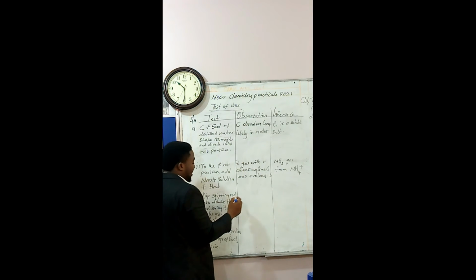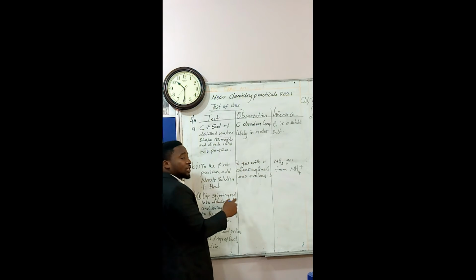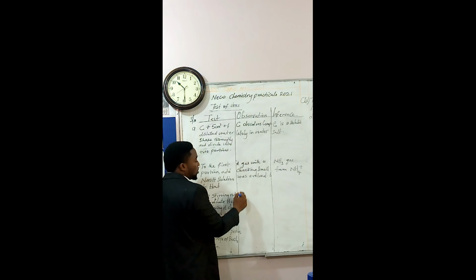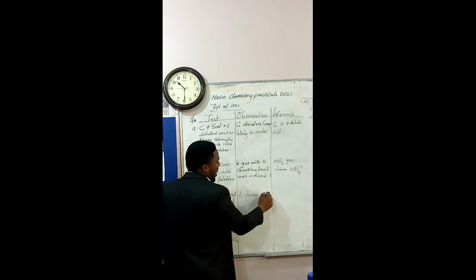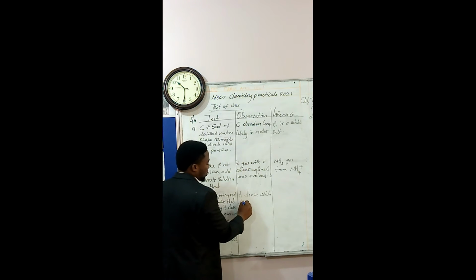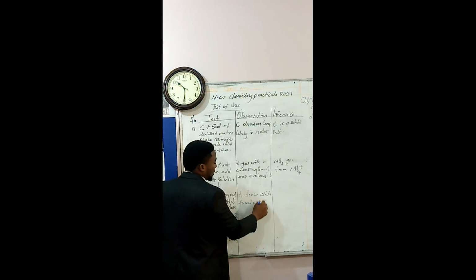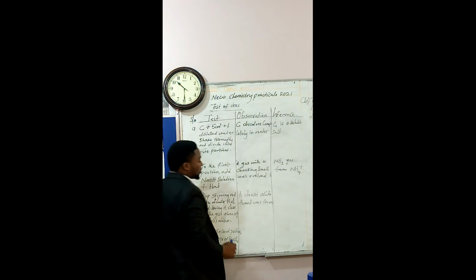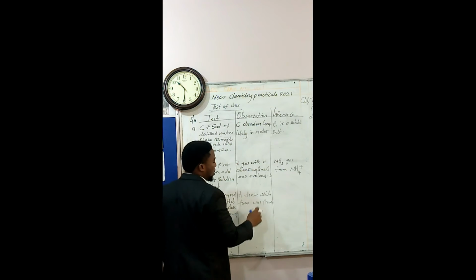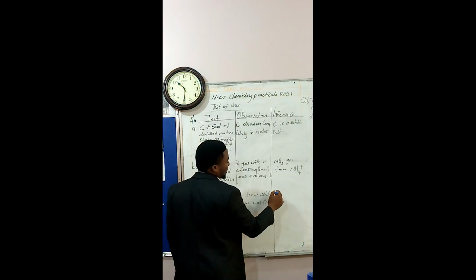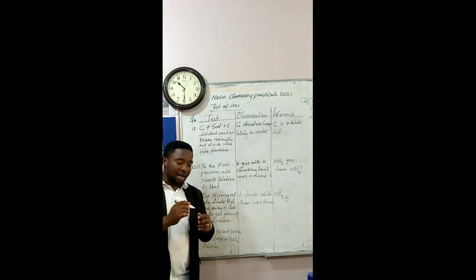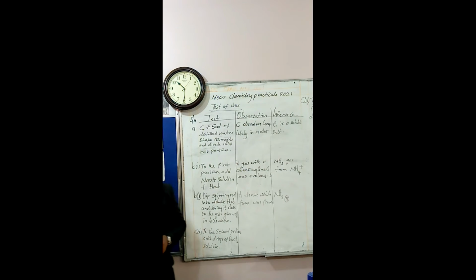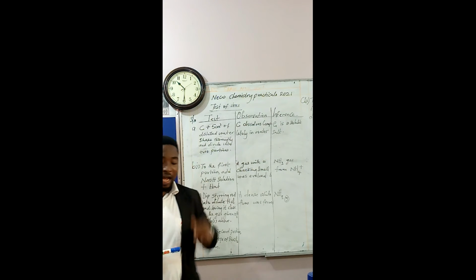Now ammonia gas reacting with the dilute hydrochloric acid gives ammonium chloride, a dense white film was formed. So this is another confirmatory test for ammonia gas, because it is only ammonia gas that can produce a dense white film with dilute hydrochloric acid.